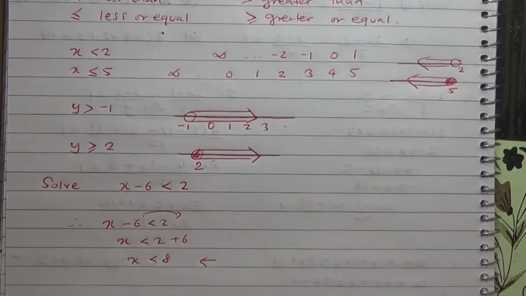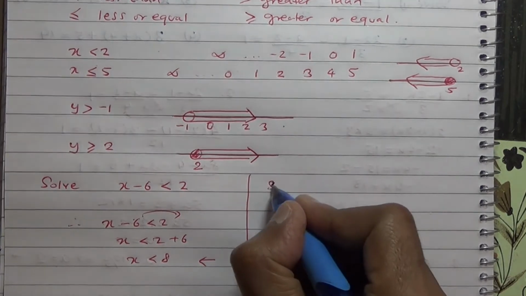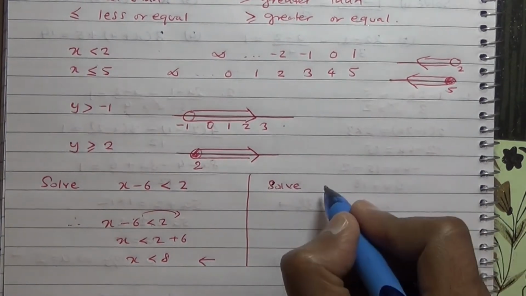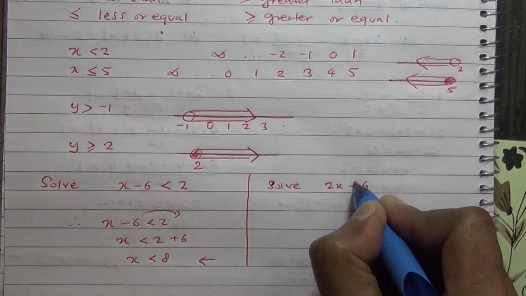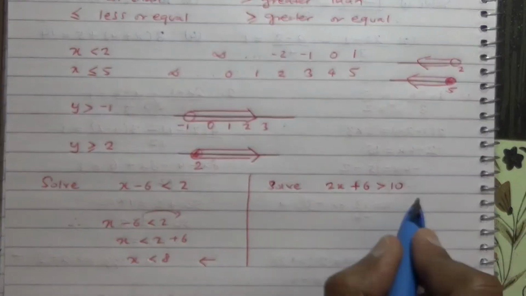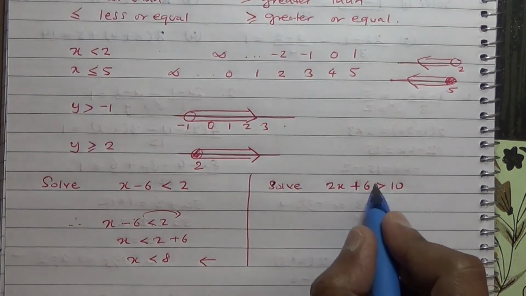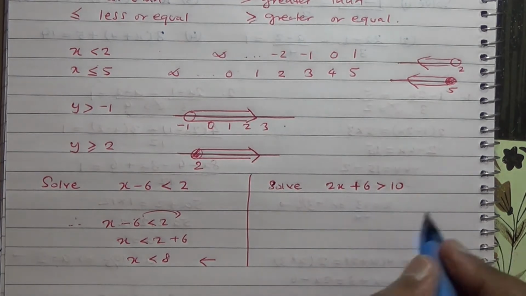Now, if I tell you to solve, let's say, 2x plus 6 is greater than 10. It's the same as solving an equation, except the sign is different. Instead of equal, you get the sign which is greater or less than.